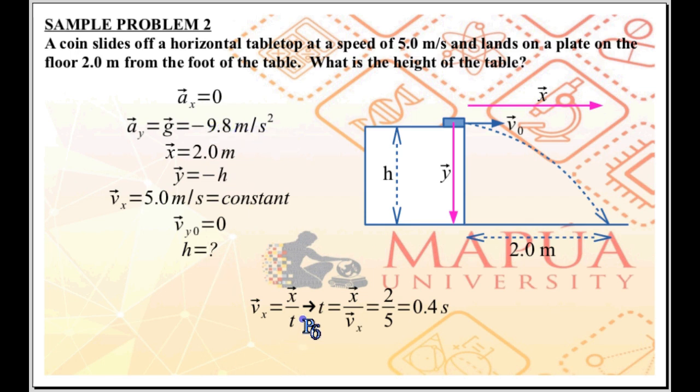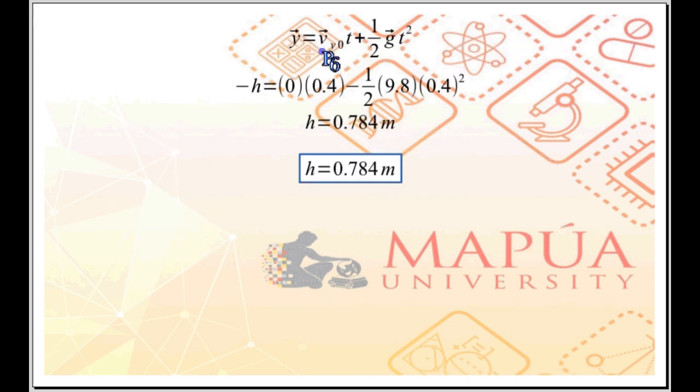And since we have also calculated t, 0.4 seconds, we know Vy initial, we know t, we know g, we'll be able to calculate y. So plugging in the values, we'll be able to calculate h to be 0.784 meters.